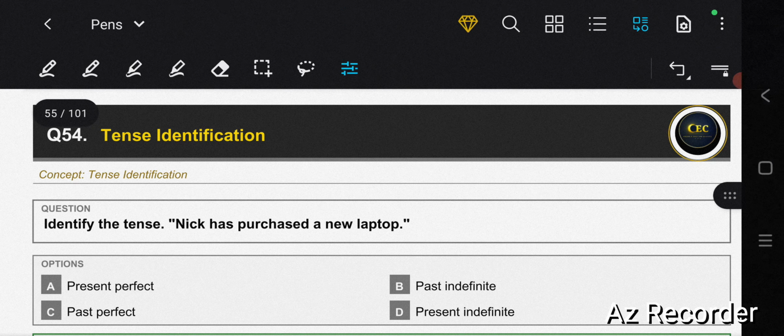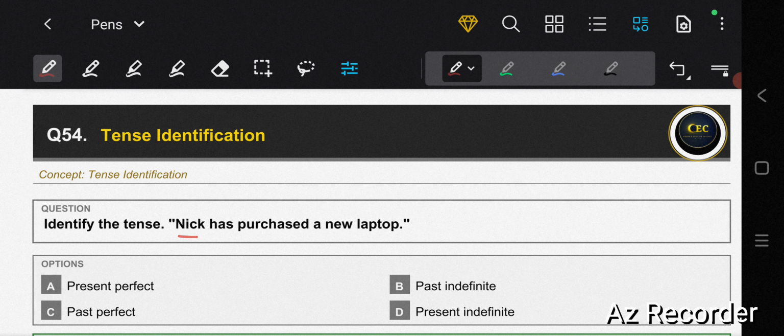The pattern of the sentence tells us that after the subject there is has and V3. V3 means not past indefinite, neither present indefinite, not even past perfect, but this is present perfect. So in present perfect tense, after the subject there will be have or has and V3.